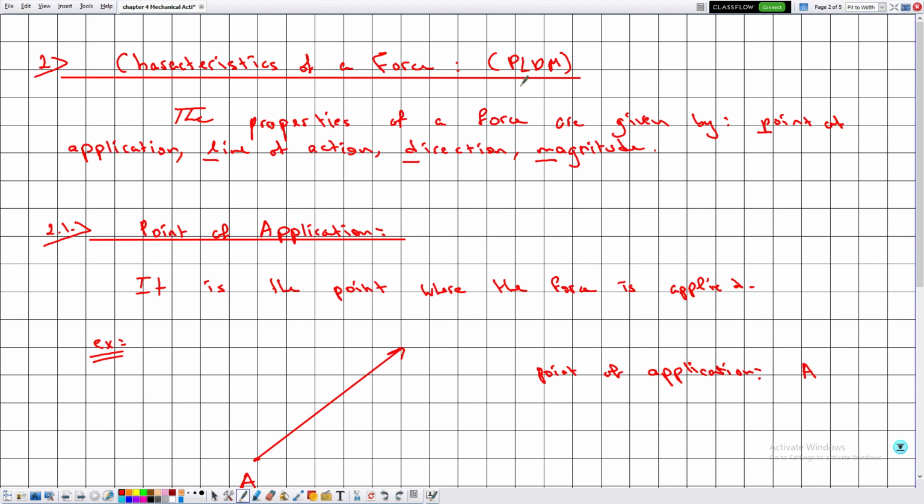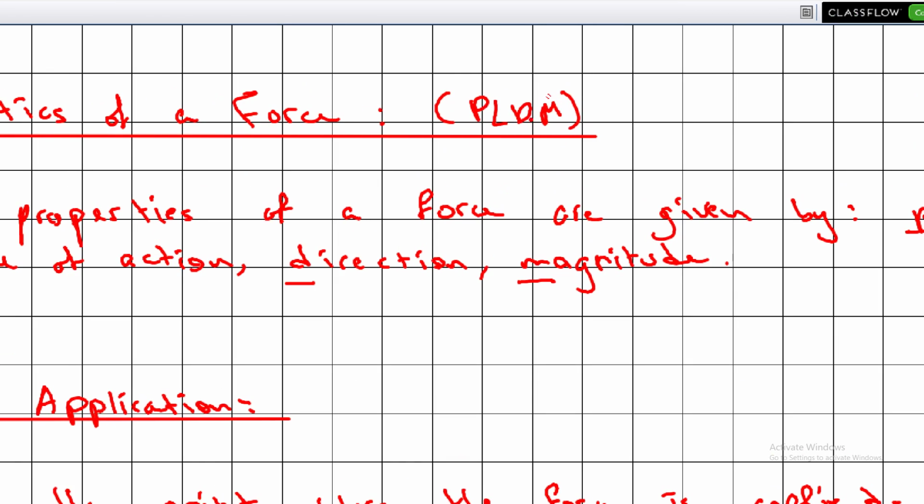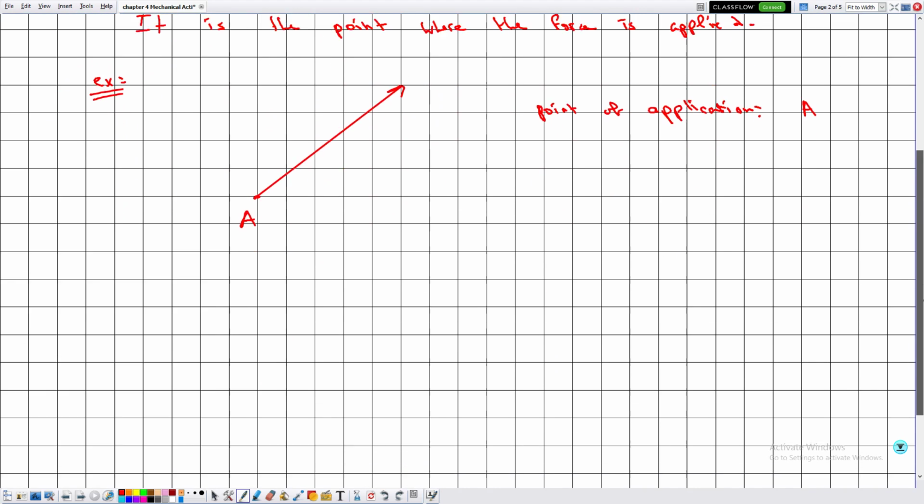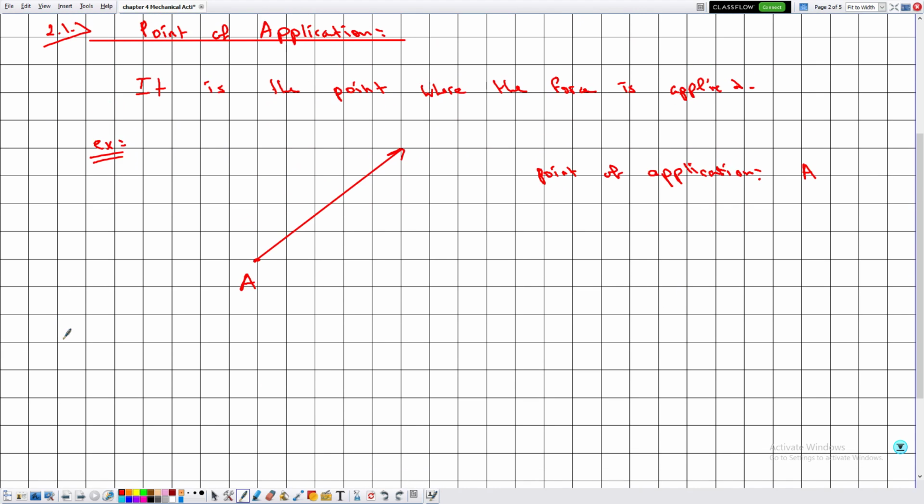Now we are discussing all four properties of this force: the point of application, the line of action, the direction, and the magnitude. Now we are done with the point of application. Let's move to the line of action. So section 2.2, the line of action.